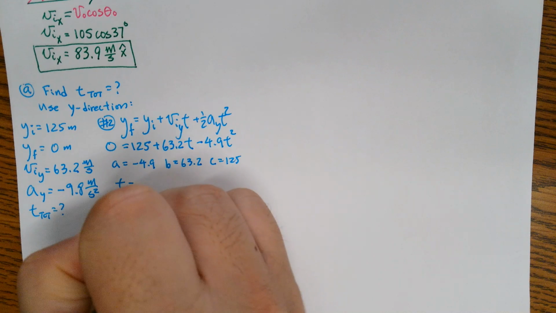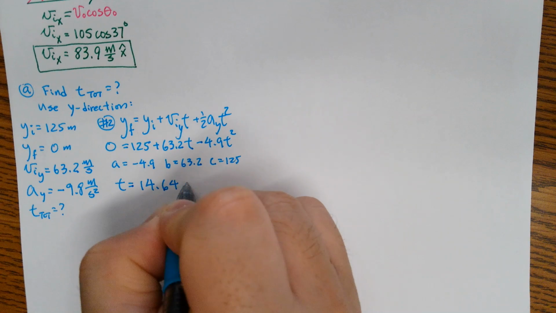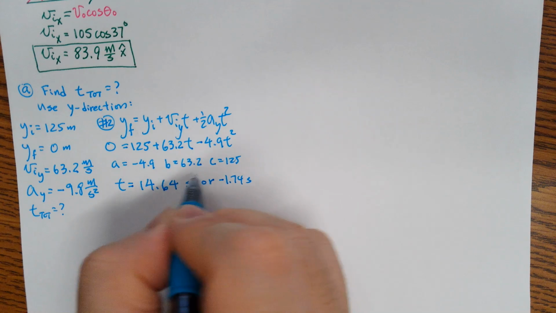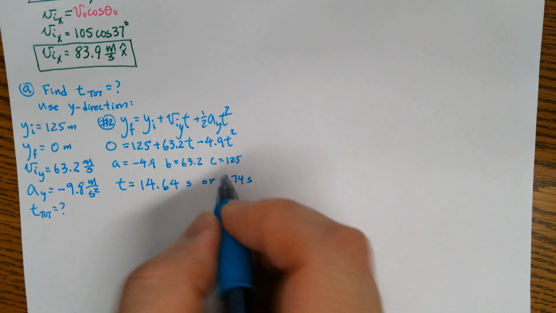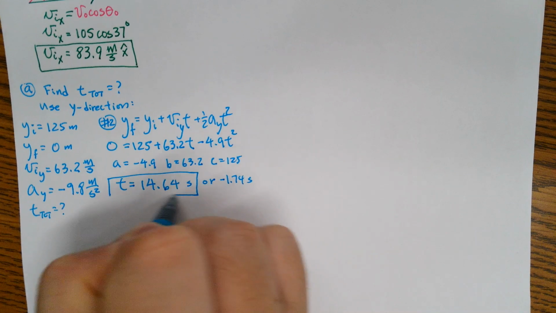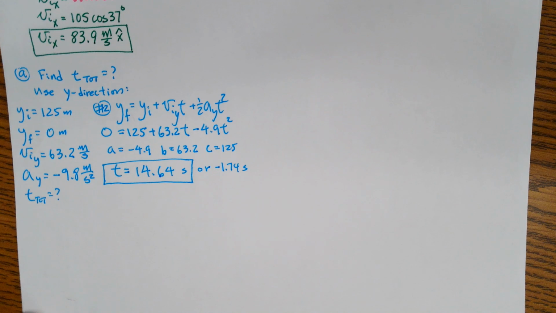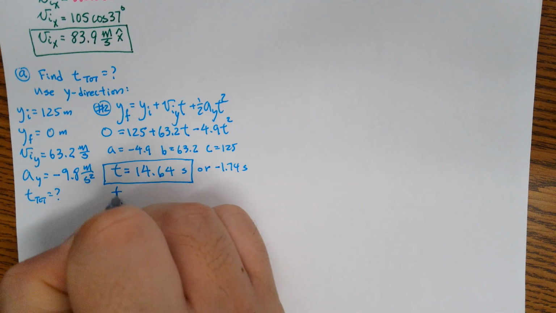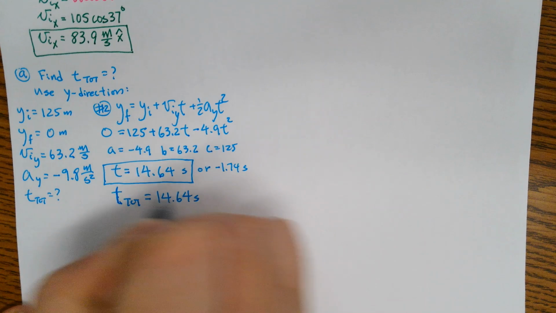My time is equal to either 14.64 seconds or negative 1.74 seconds. Obviously, negative time doesn't work out, right? So we're going to pick the positive time of 14.64 seconds as the total time. So my T total is equal to 14.64 seconds.